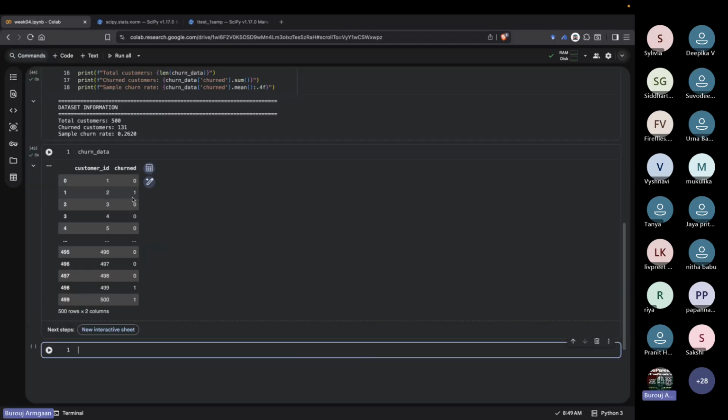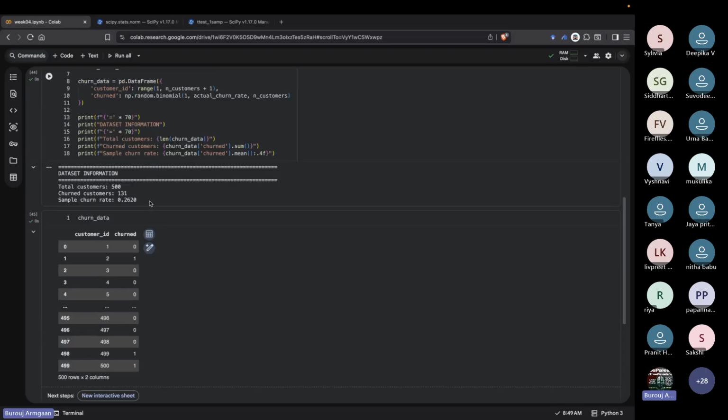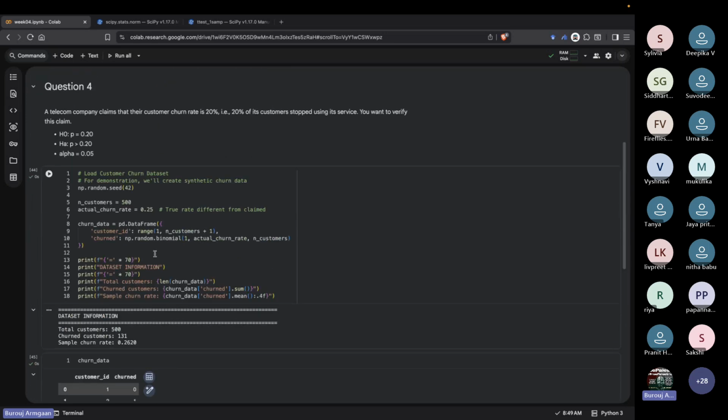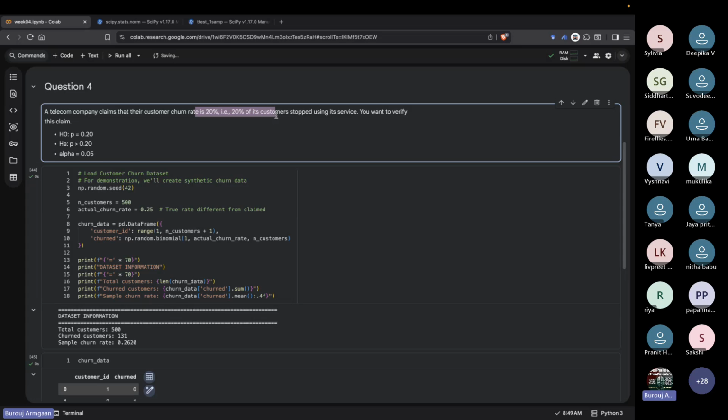Like someone dropped out, remained, someone dropped out, someone remained, something like this. And in this case, you have that notion of p, 1 minus p, and things like that. Okay, so based on this, can you identify, this particular claim of 20%? That is, if I take a particular sample, I get a different value. Is it statistically significant?